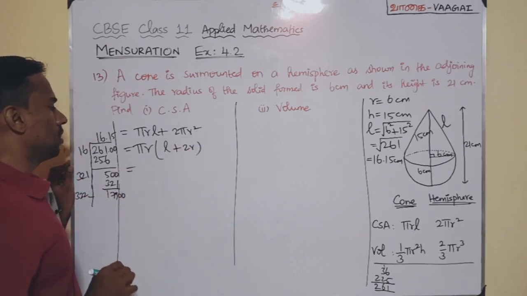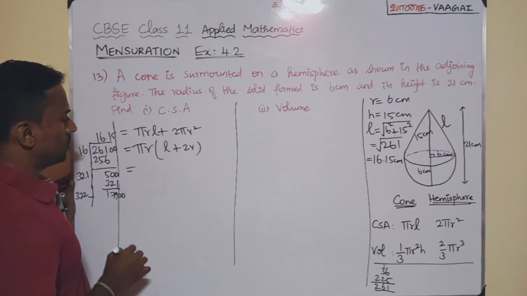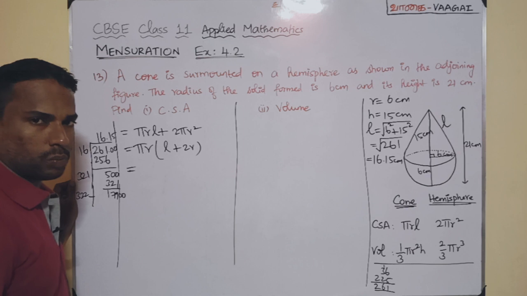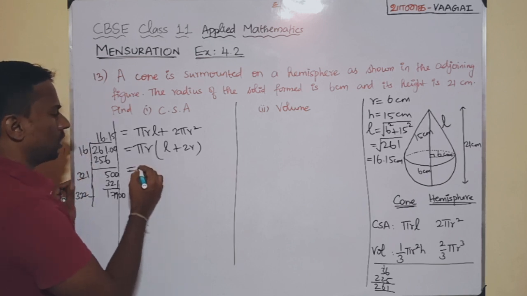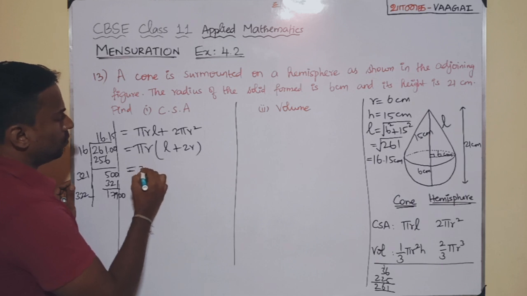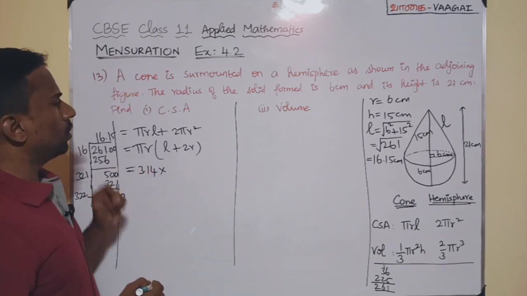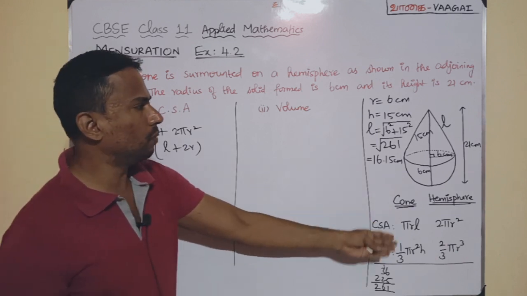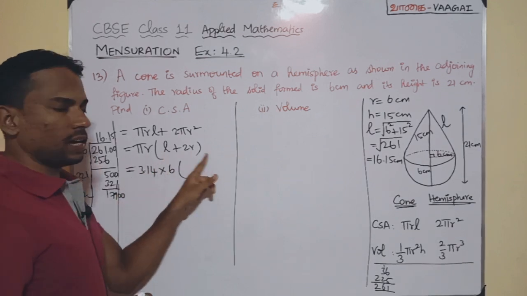Okay, yes. Now what next I can do is I will take this pi as we can either take it to be 3.14 or 22/7. So let me take any one of them. Okay, so I will take it to be better 3.14. Let me see what happens. So into r is going to be what? R is going to be, yeah, that's a common radius, so which will be 6 into, now inside I have L plus 2r.